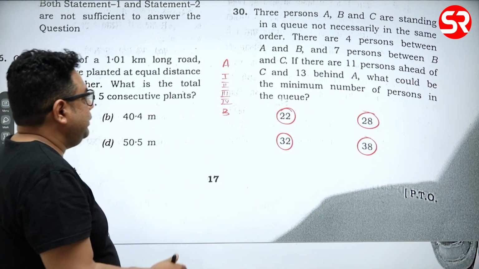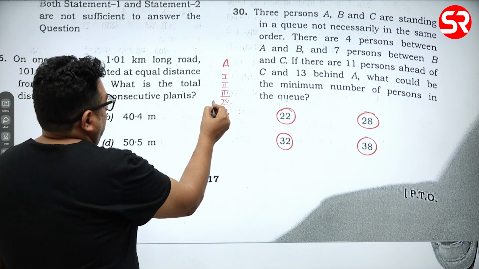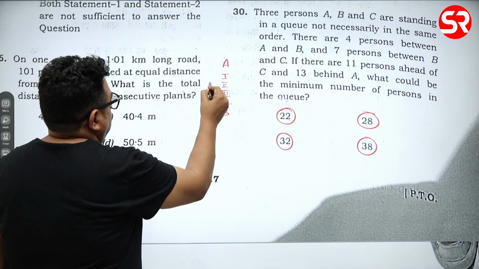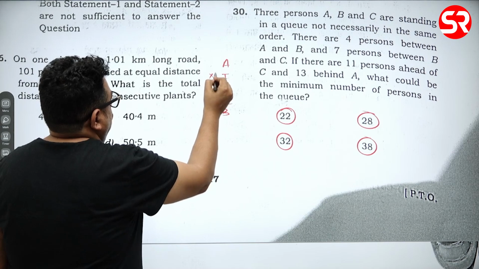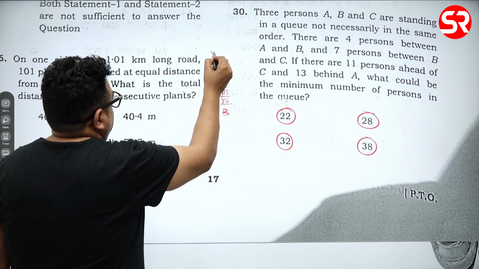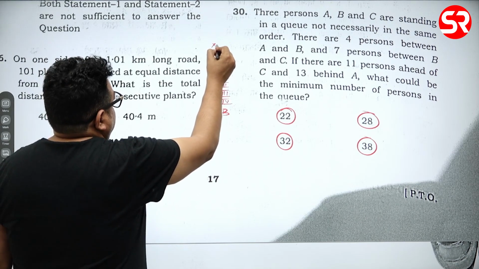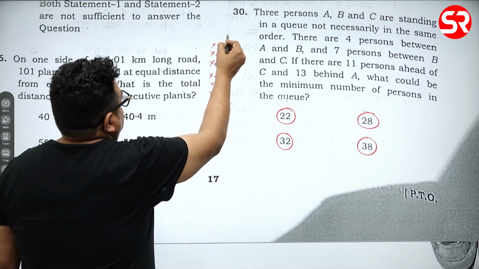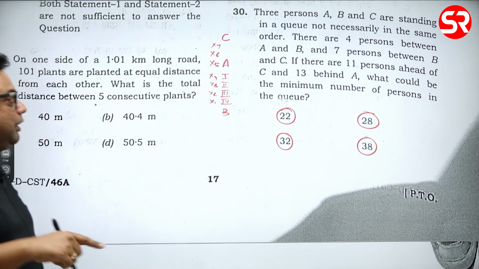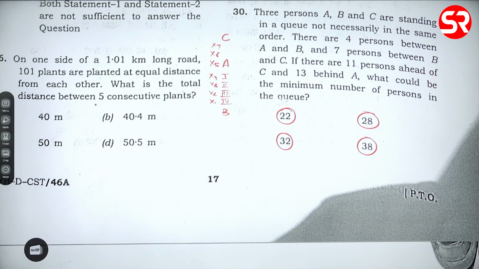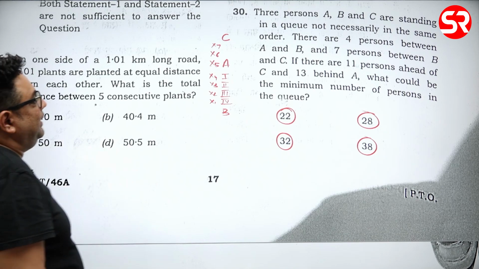So 7 people between B and C: 1, 2, 3, 4, 5, 6, 7, and this is your C, because you have to minimize it. If there are 11 persons ahead of C, now you have to make 11 ahead of C.